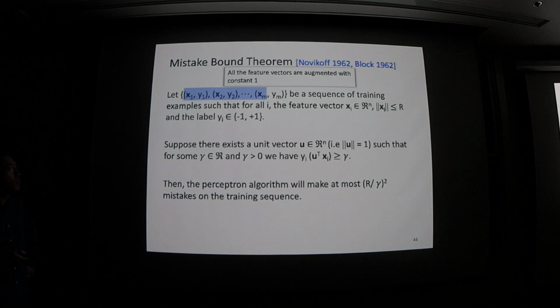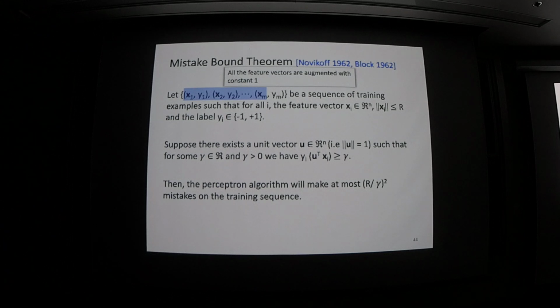We first require that each feature vector's norm is upper bounded by some constant r. That just means your feature values are normal, not weird values like infinity or negative infinity.